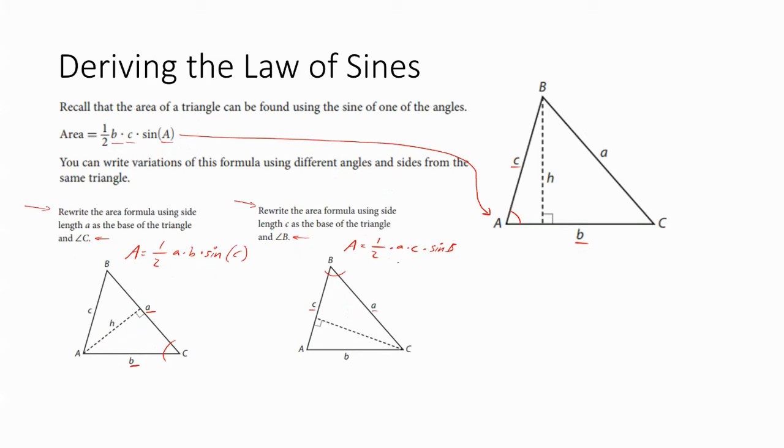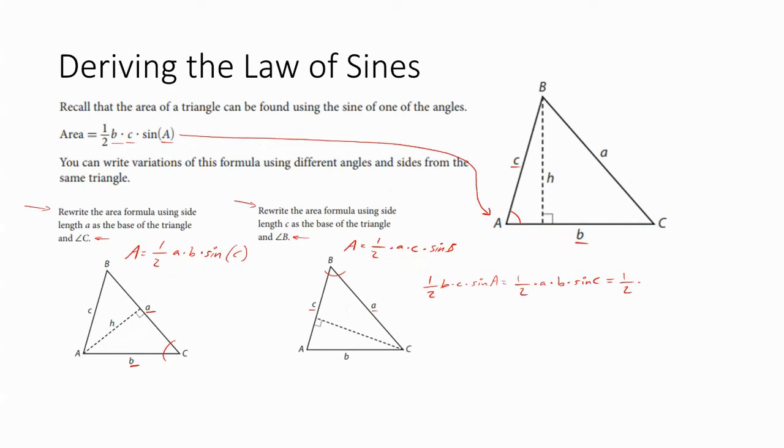So in that situation, what do we know about the area for all these situations? They're all the same, right? Since the area with angle A in reference, 1/2 times B times C times sine of A, has to be the same as 1/2 times A times B times sine of angle C. If they belong to the same triangle, then all their area formulas should give you the same answer because it's the same triangle.